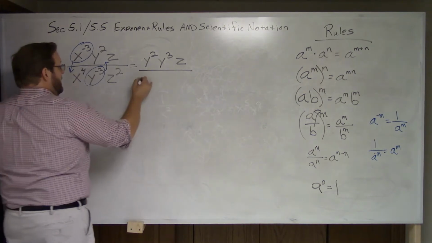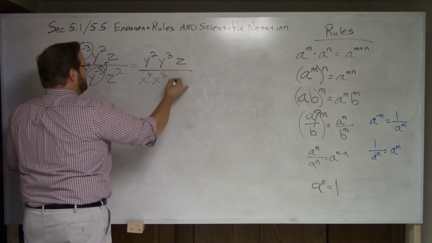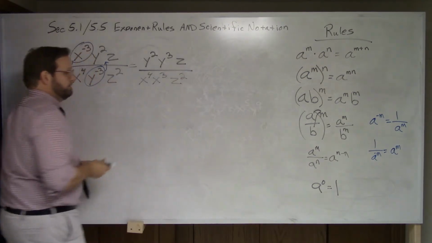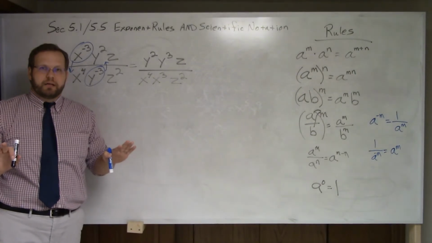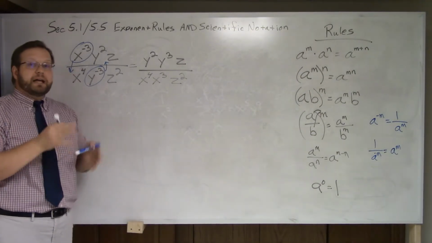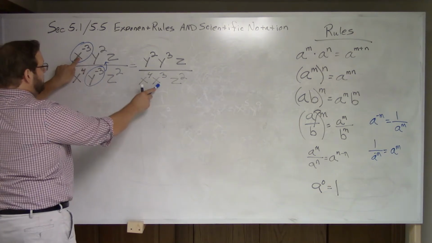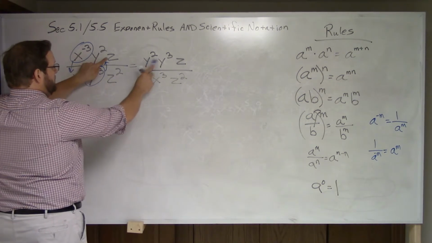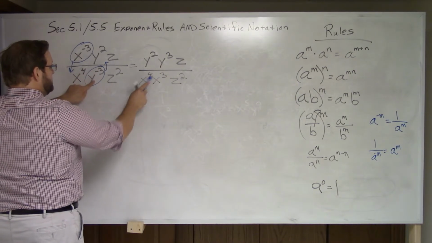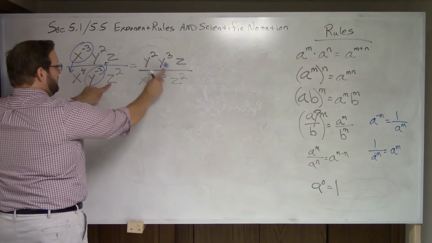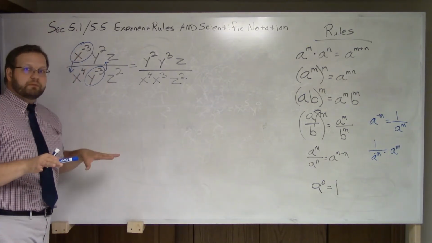Then I had that x to the fourth, but also now x cubed and a z squared. The key to this is you shouldn't have lost anything. Everything should still be there, but maybe on another side. So this negative is now down here. This is still here. This is now up here. That's it. All I did was get rid of any negative exponents.